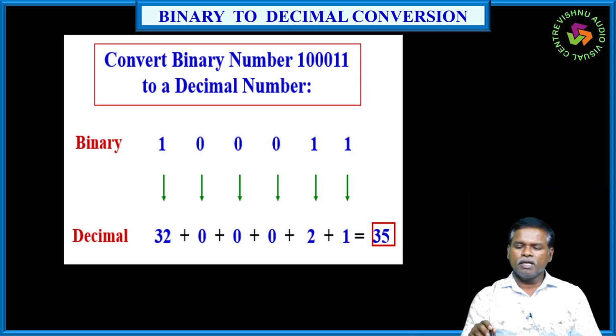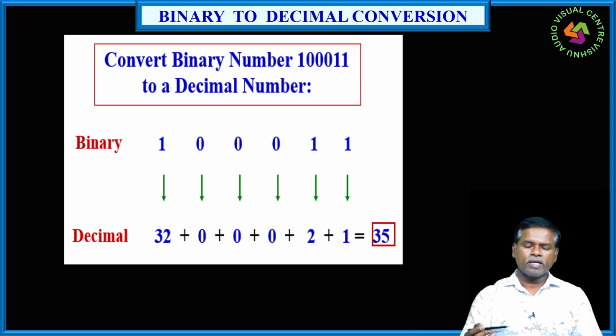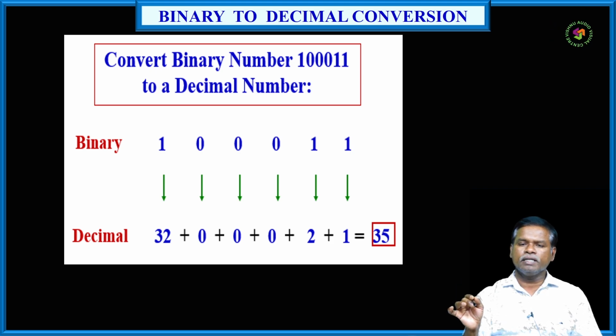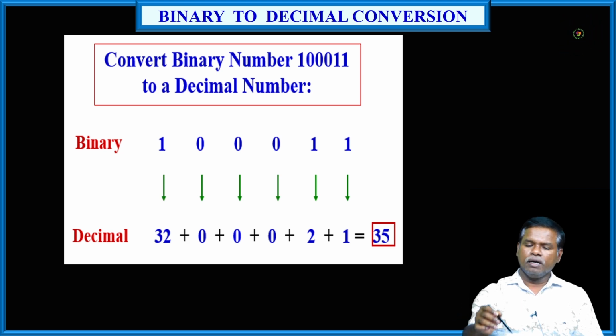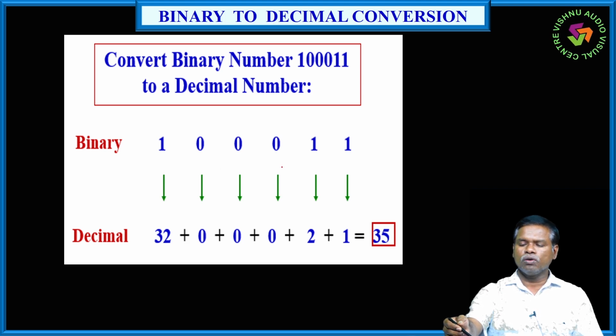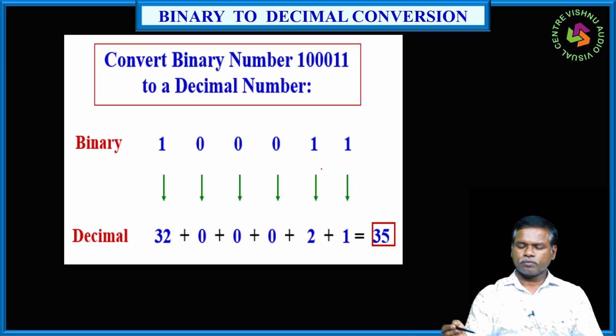Again it is the same as the previous example. 1000111 is the given binary number, and the place value of each binary digit is as follows: the MSB has a place value of 64, then 32, 16, 8, 4, 2, 1.